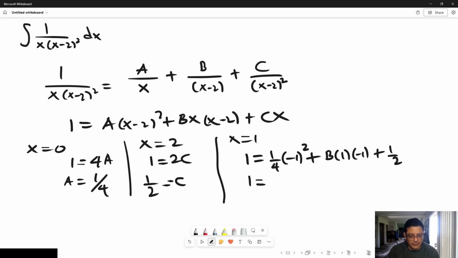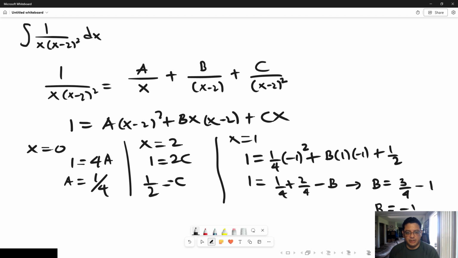Okay, so simplifying here, this is 1 over 4, or I'm going to write 1 over 4, 1 over 4, and this 1/2 I'm going to write as 2 over 4. And then I'm going to write here minus b. Okay, so that implies that b is equal to 3 over 4 minus 1, which is 4 over 4, by the way. So this means that b will be minus 1 over 4.